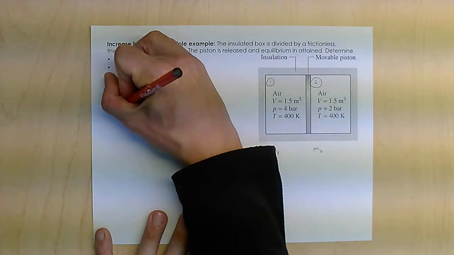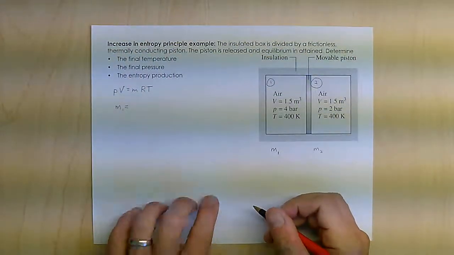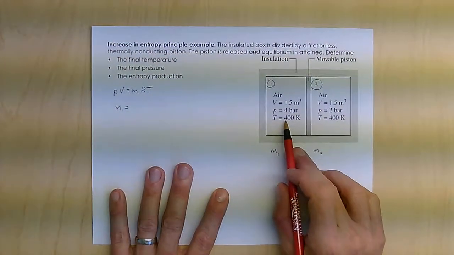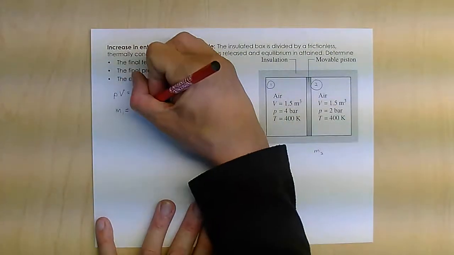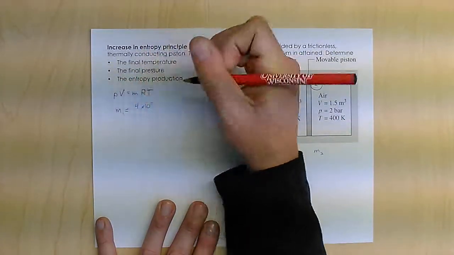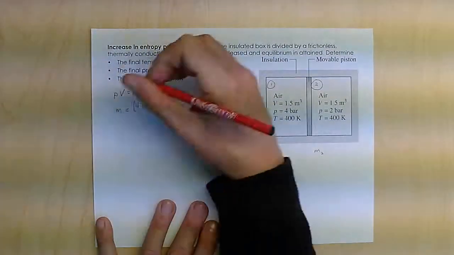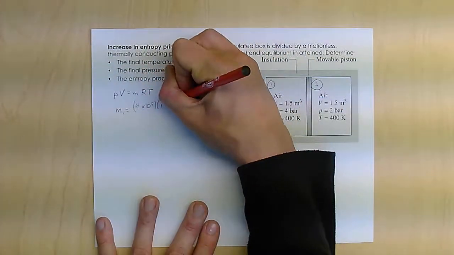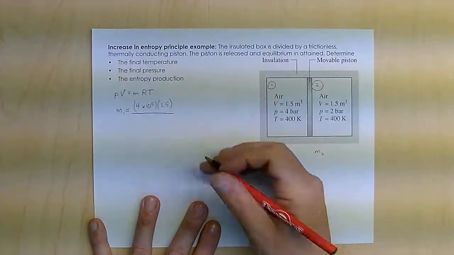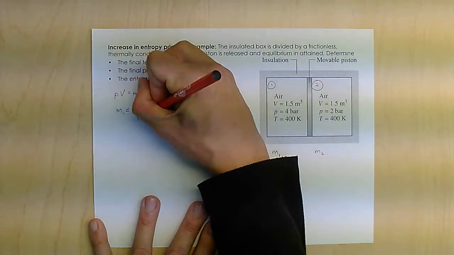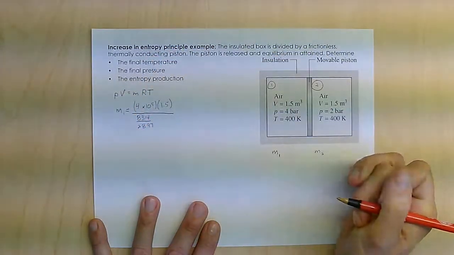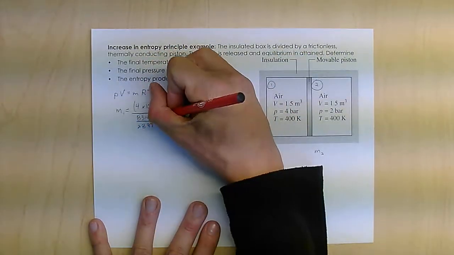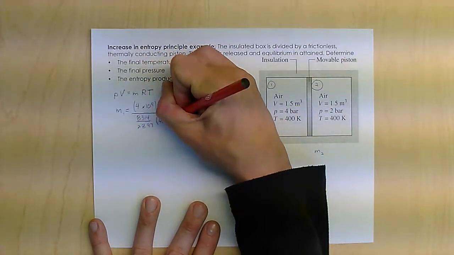That means m1, for example, is 4 bar, so 4 times 10 to the 5th, times V, which is 1.5 cubic meters, divided by R, which is 8314 divided by 28.97 for air, and then my temperature is 400.